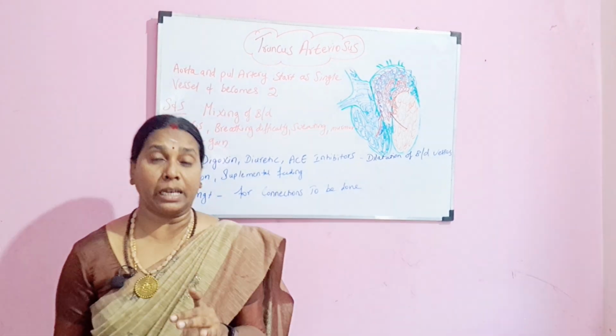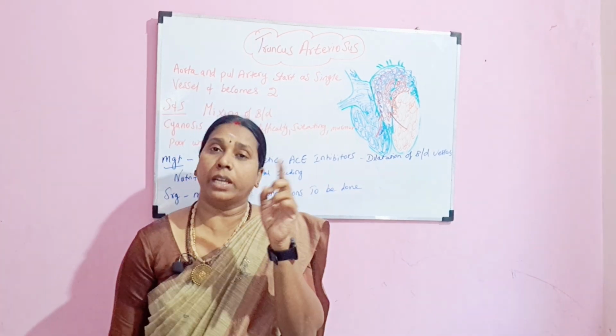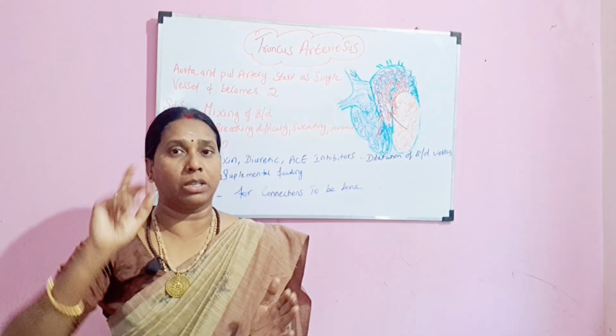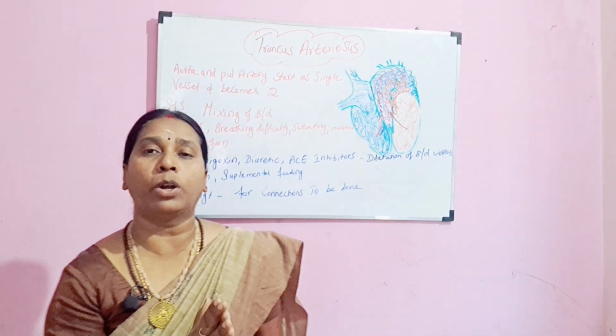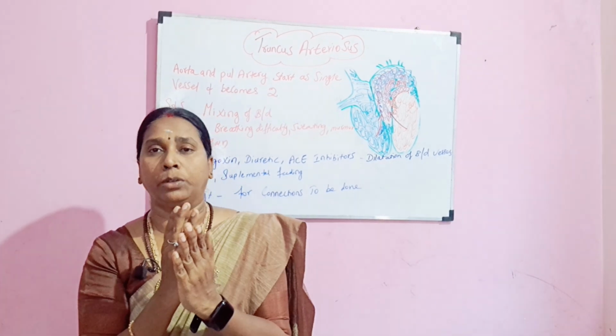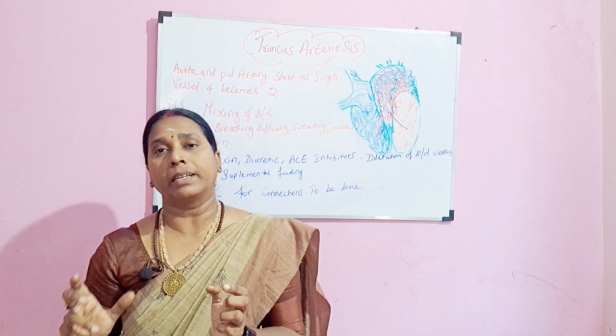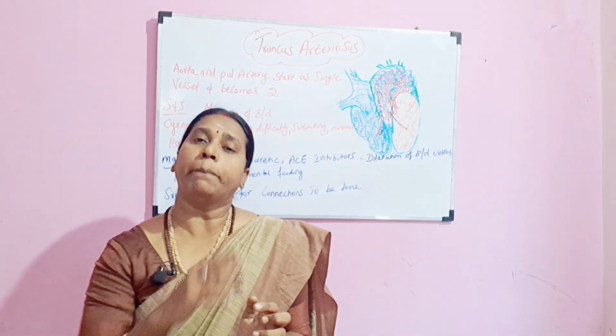When we come to the surgical management, you remember the surgery in transposition of great arteries. Similarly, here also you have to do the same type of surgery, where you divide that single artery into two. One will be connected directly to the right ventricle, which is going to the pulmonary artery.